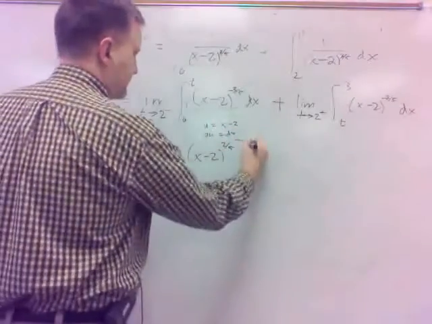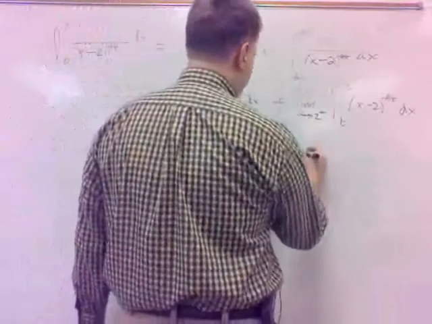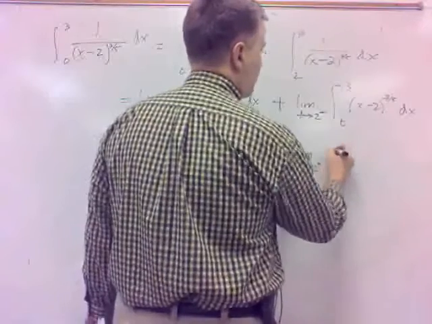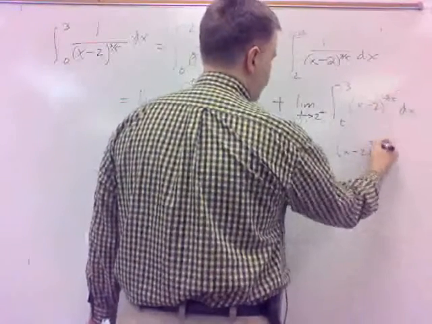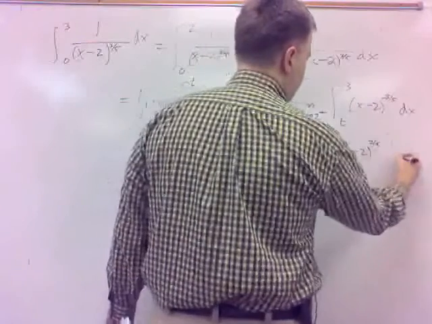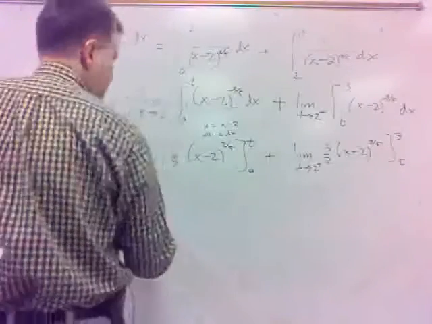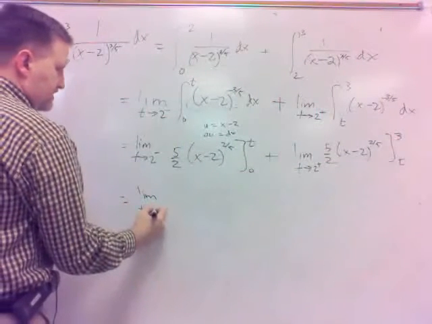And I'm going to go 0 to t. Here, same thing. Limit, though, t goes to 2 positive. So it'd be x minus 2, yeah, it's the same one. 2/5, so it'd be 5/2 here. T to 3. See what happens. Plug in my t and 0.